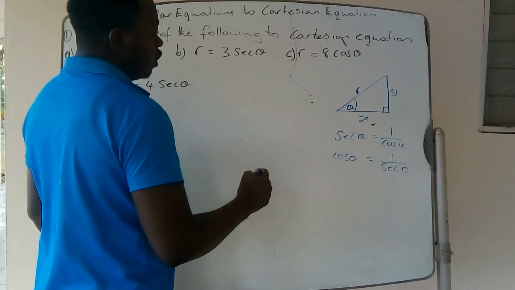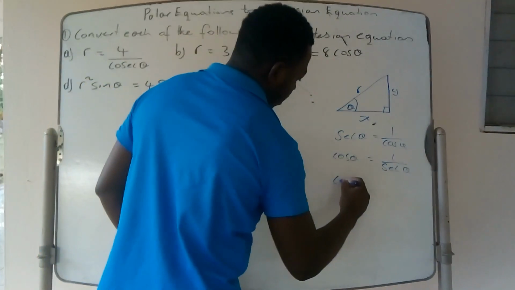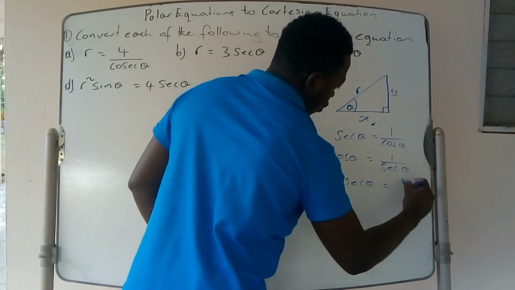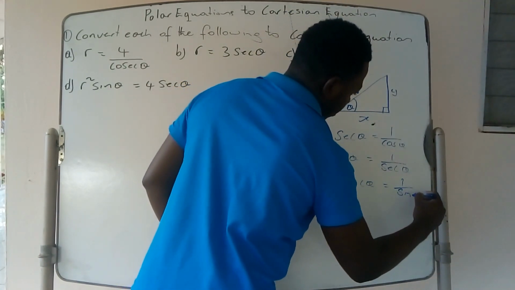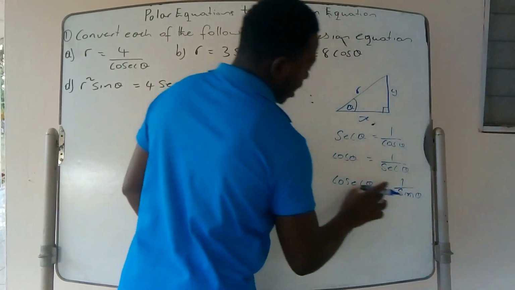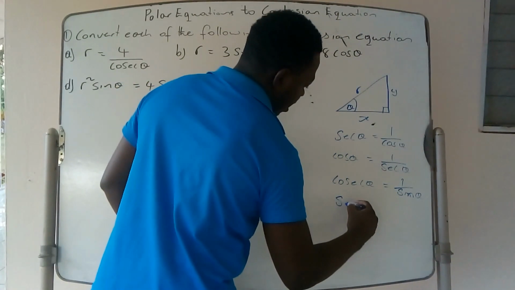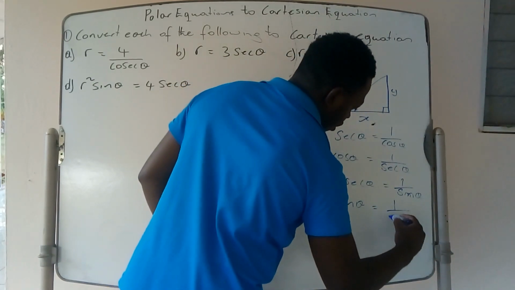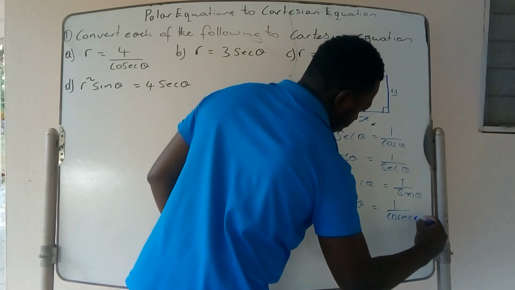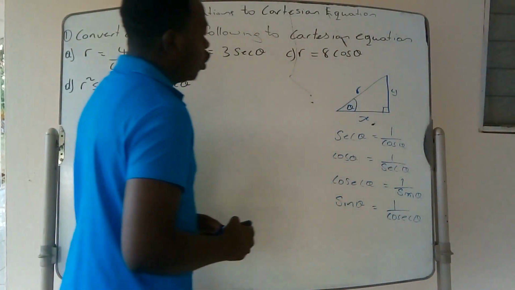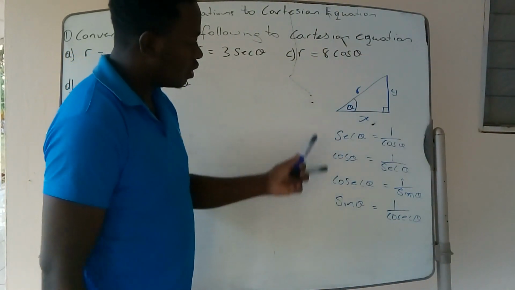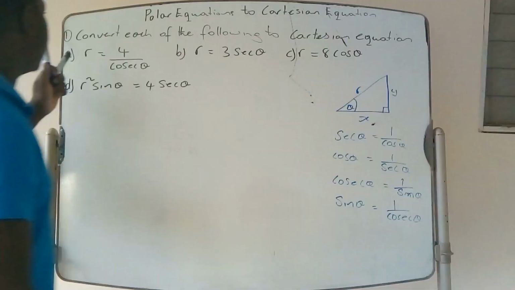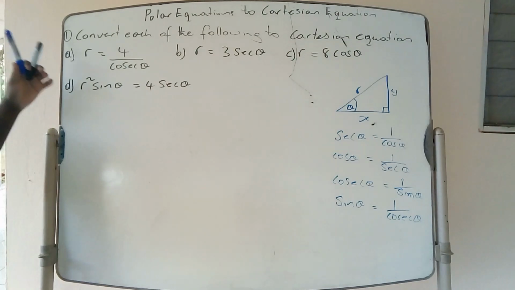You need to also remember that cosec theta is equal to 1 over sine theta, and this implies that sine theta is equal to 1 over cosec theta. Now, with all of these relationships in mind, we can go ahead and solve this question.